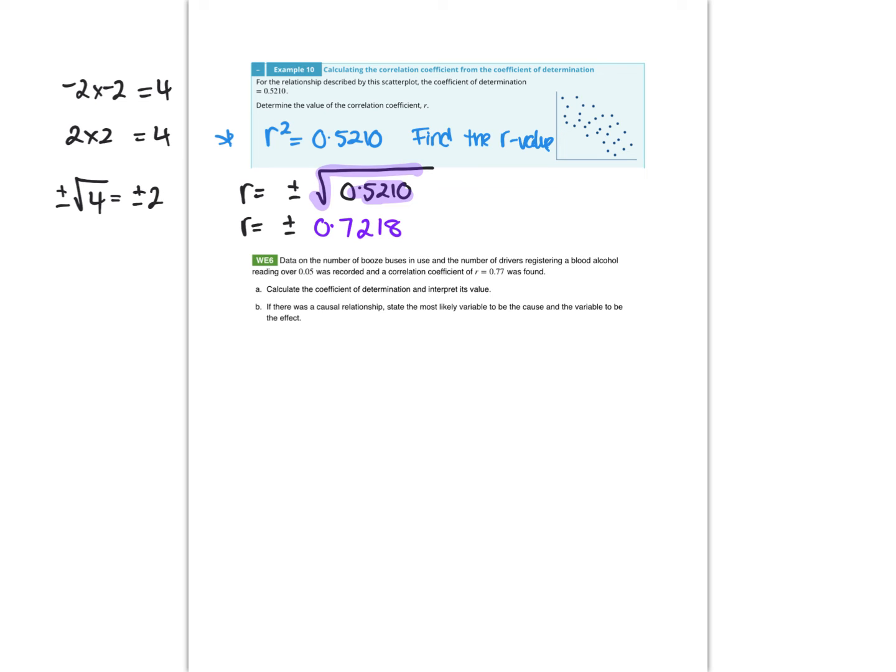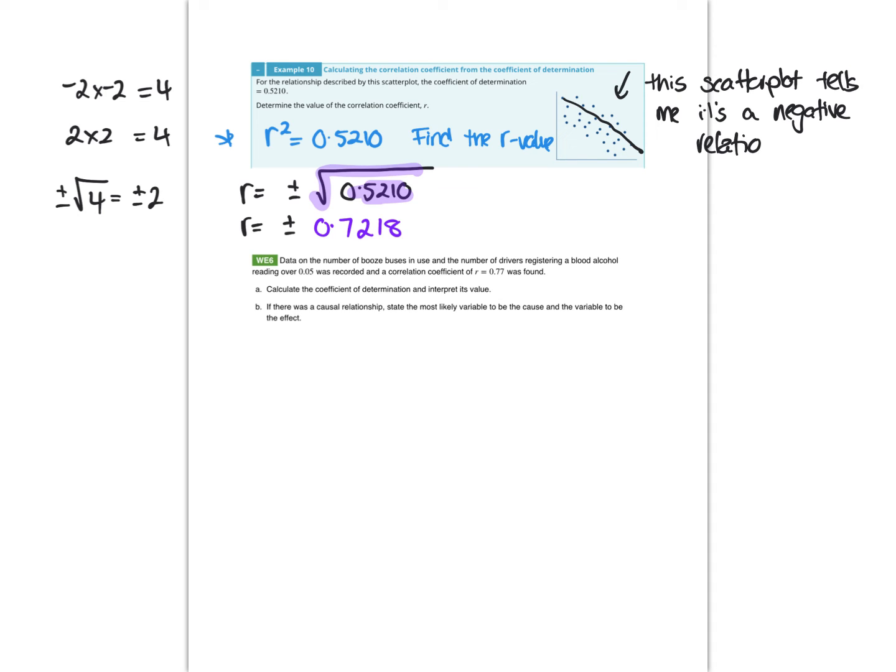But in this, because I've been given this diagram, so this scatter plot tells me that this is a negative relationship because it's going downwards, isn't it? So this scatter plot tells me it's a negative relationship.